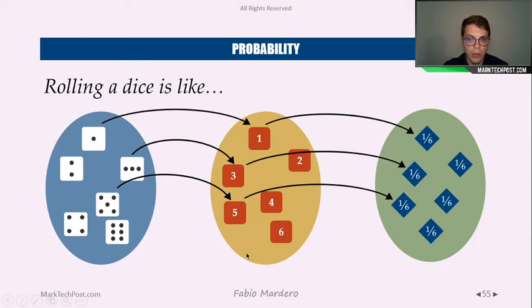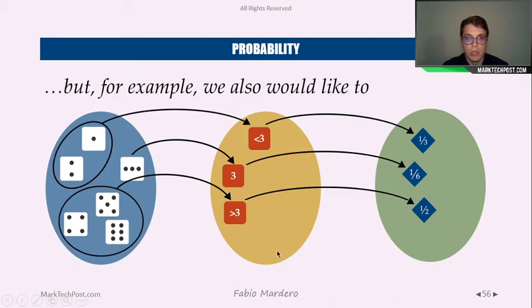this yellow space. But we would also like, talking about probability, to consider even more complex scenarios. For example, what if I want to consider the result that is less than 3? So I have the face 1 and the face 2, and this can be written as less than 3.